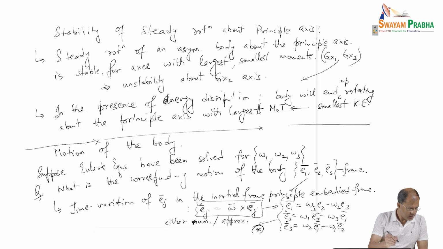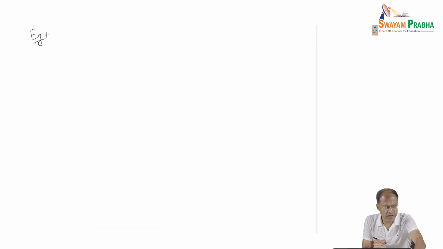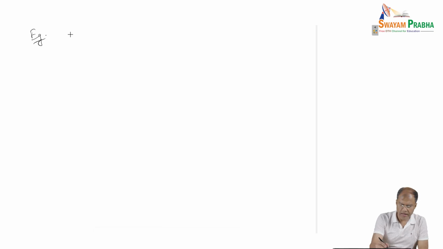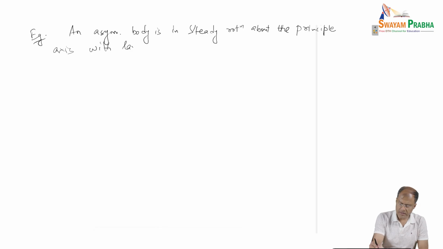Okay, so then let us look at an example. The problem says an asymmetric body is in steady rotation about the principal axis with the largest moment of inertia.